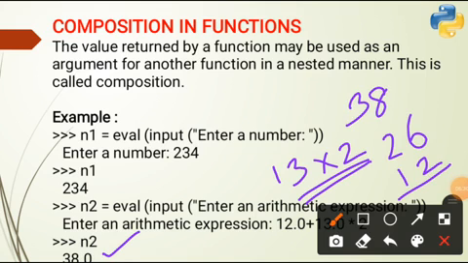That is why the result is given as 38.0. So based on the precedence of operators, multiplication gets higher priority than addition. That is why the first process is 13 into 2, and then it adds the answer to 12.